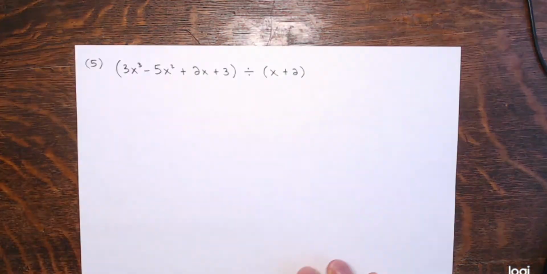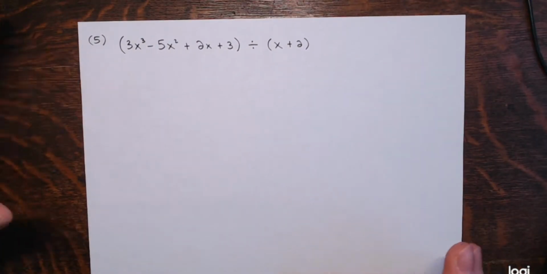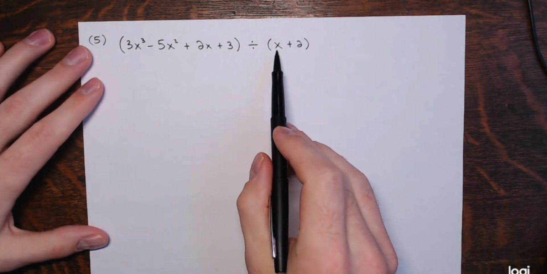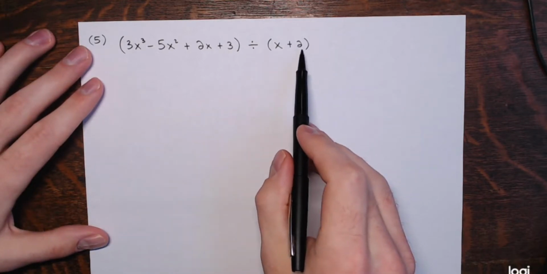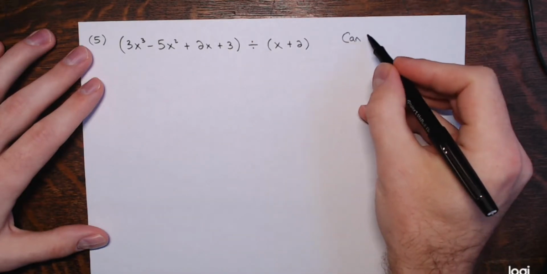All right. Next example. Now we're back to just plain old. Don't have to worry about dividing and multiplying by stuff, because see how the divisor is a degree 1 with a lead coefficient of 1. So I can use synthetic division immediately.